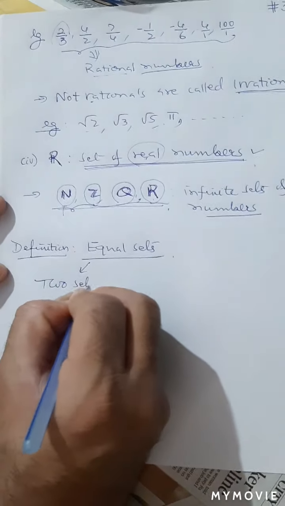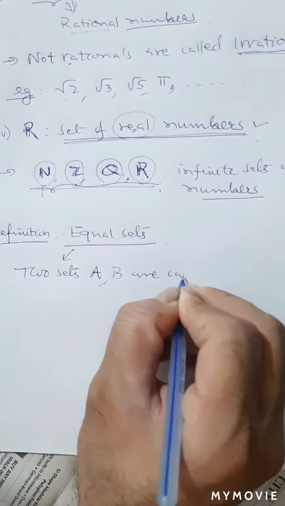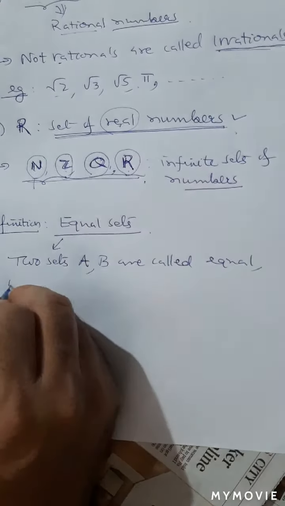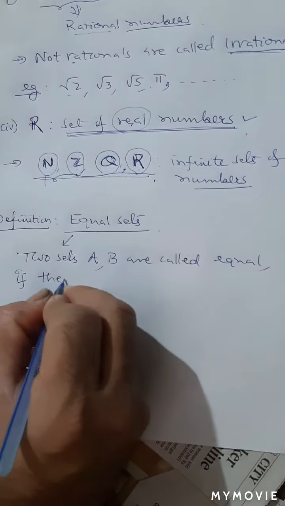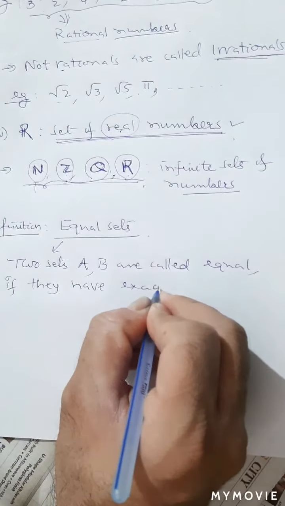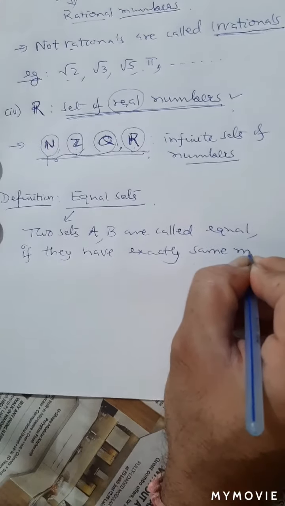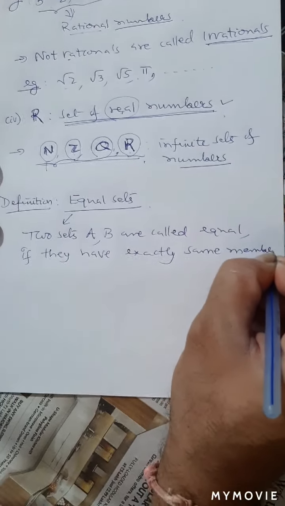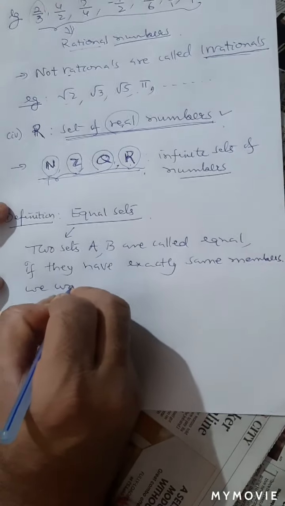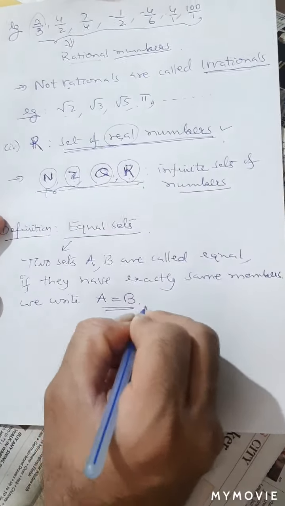Two sets A and B are called equal if they have exactly the same members. Such sets are said to be equal, and we write A equals B if they are equal. This is the symbol.